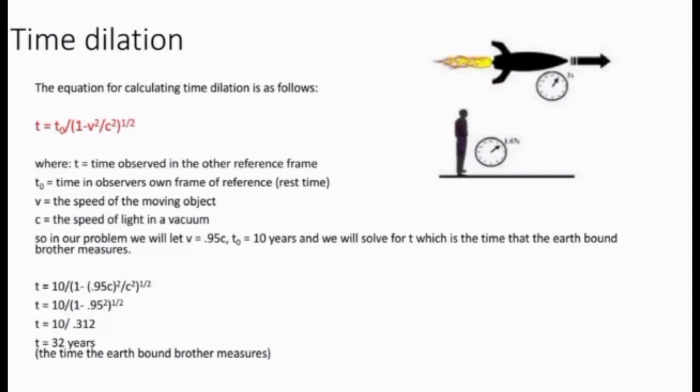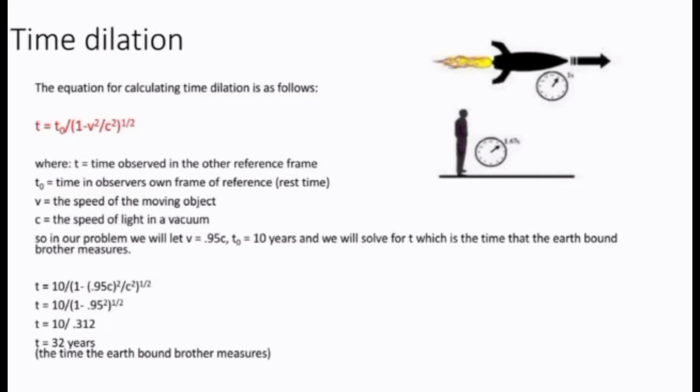Let's look at an example. There is a set of twins, one an astronaut, the other works for mission control at NASA. The astronaut goes on a deep space trip traveling at 95% the speed of light. Upon returning, the astronaut's clock has measured 10 years, so the astronaut has aged 10 years.